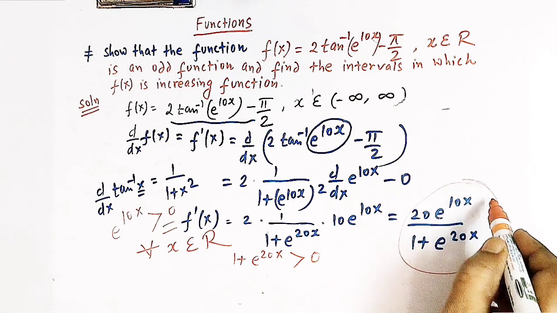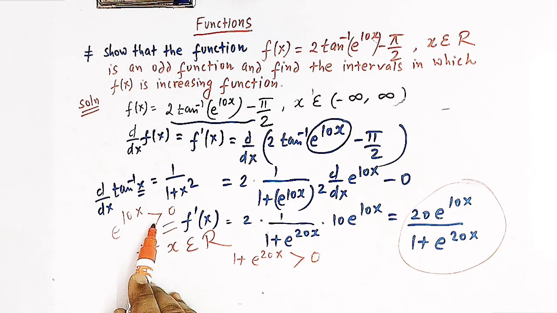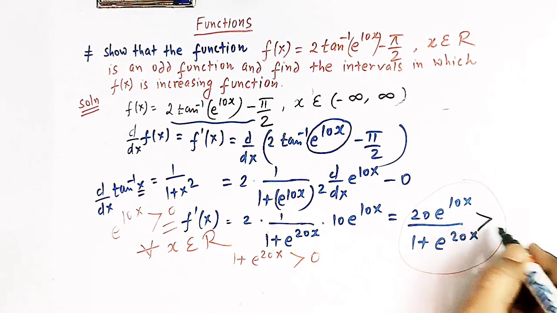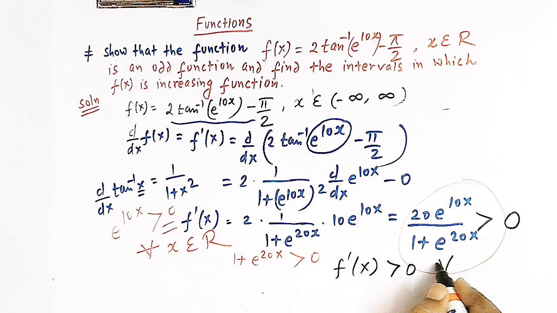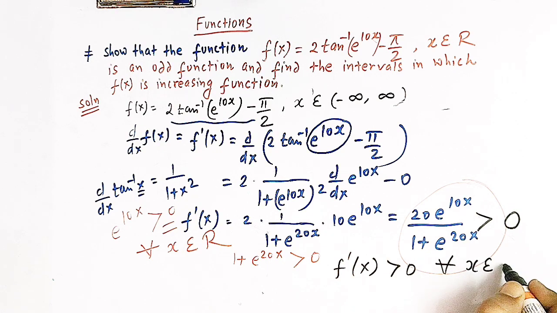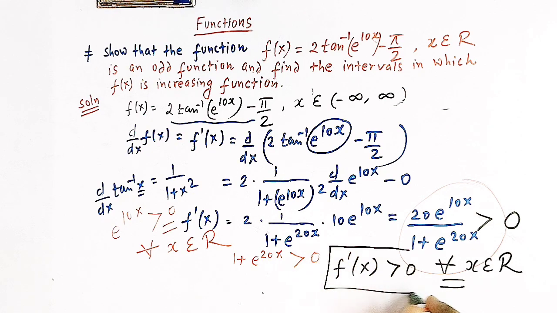So it implies that this entire term is greater than 0 for all values of x belonging to the set of real numbers. So we can easily conclude that f prime of x is greater than 0 for all x belonging to the set of real numbers. And this is the condition for a function f of x to be strictly increasing, right?